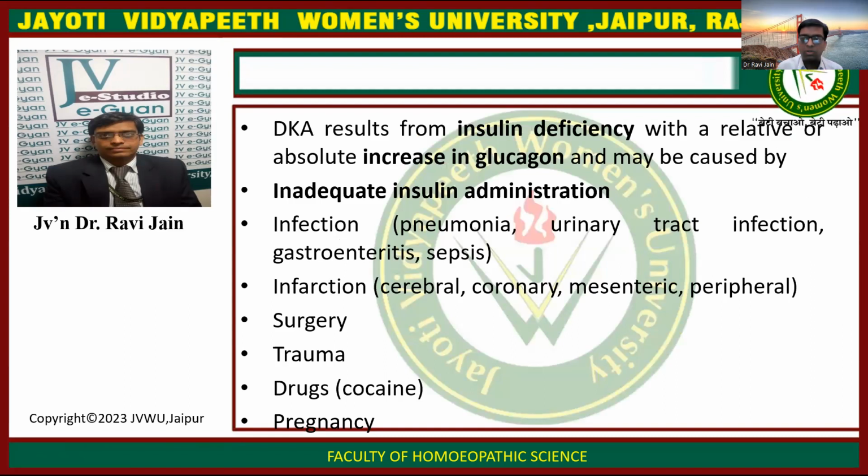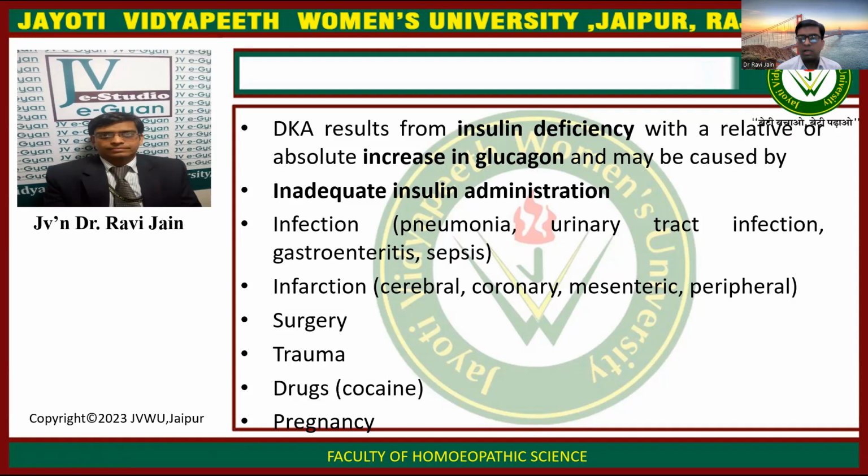What is diabetic ketoacidosis and what are the various clinical features? Diabetic ketoacidosis, in short, can be written as DKA. This results from insulin deficiency with a relative or absolute increase in glucagon, and it is caused by inadequate insulin administration. As I have just told you, diabetic ketoacidosis is basically a complication of long-standing uncontrolled diabetes mellitus.